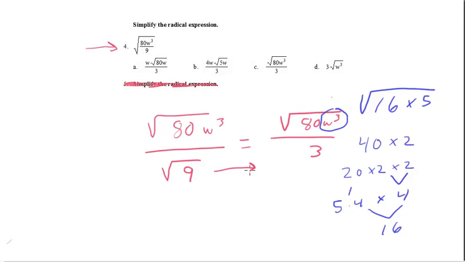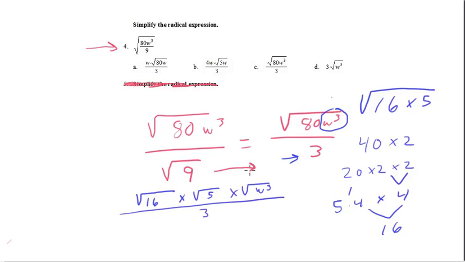So right now I've narrowed this down to the square root of 16 times the square root of 5. And I've got to remember this square root of w cubed. But I have reduced the denominator to 3.